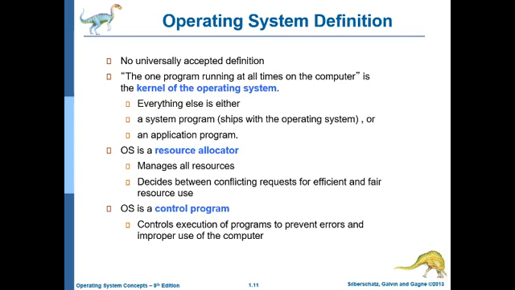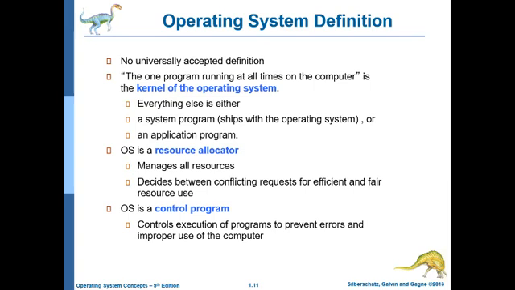And then the last definition is about the control program. That operating system is a control program. It controls the execution of programs to prevent errors and the improper use of the computer. Why would error come?